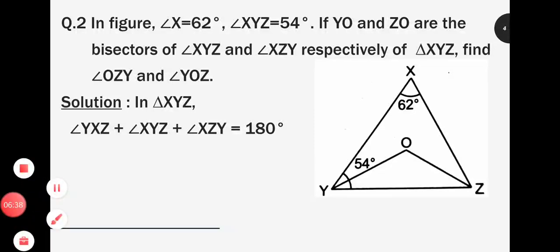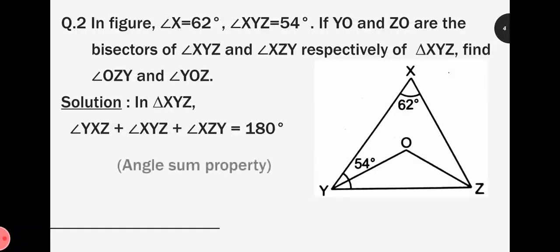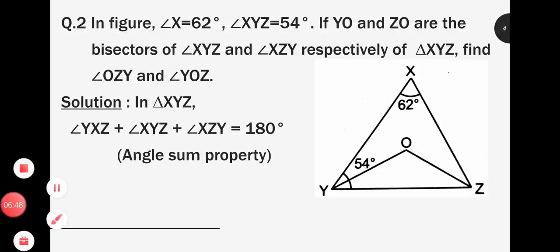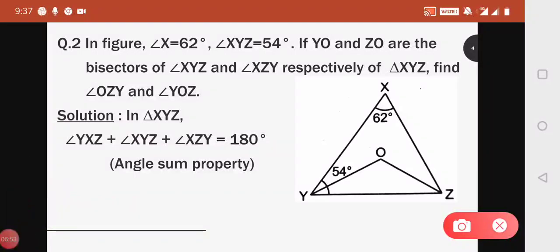According to the angle sum property, we have learned that the sum of all three angles of a triangle is equal to 180 degrees. So using the angle sum property, first we find the missing third angle of the triangle, because we already know angle YXZ, this angle is given. Again we have been given angle XYZ.